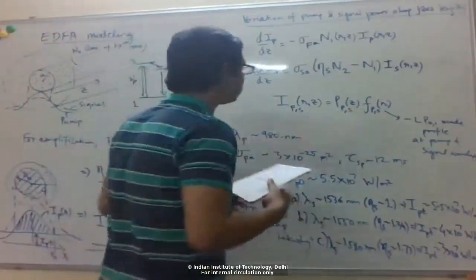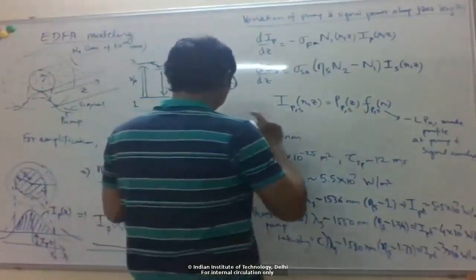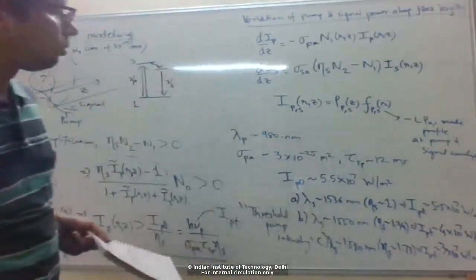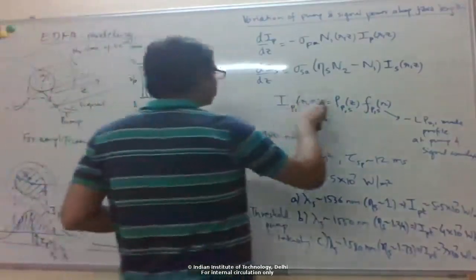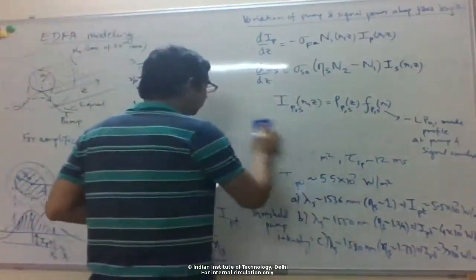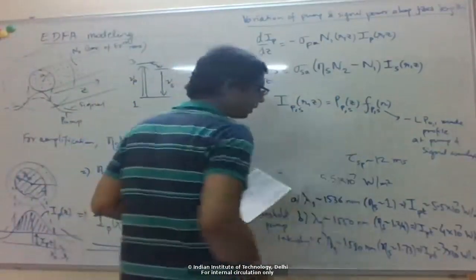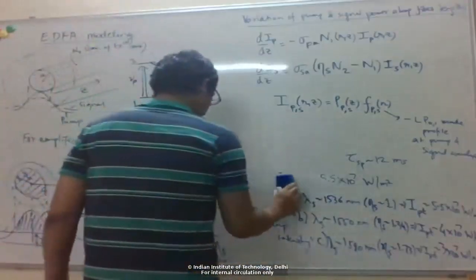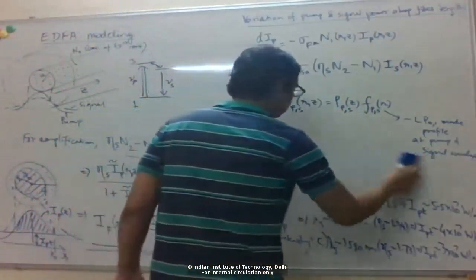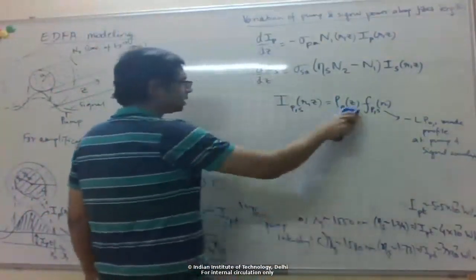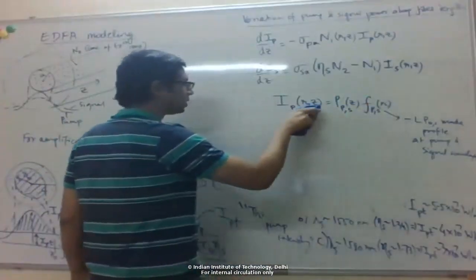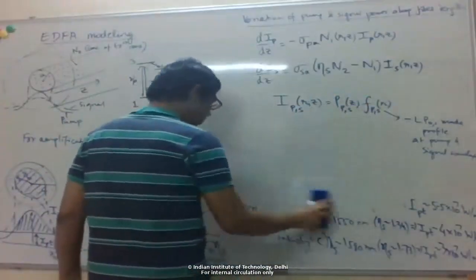This F, the mode profile, is normalized such that if I integrate the intensity over the cross-sectional area, I should get power. Intensity times area should give me power. Just from units, you can see that F has units of 1 over area, because this is intensity and this is power.